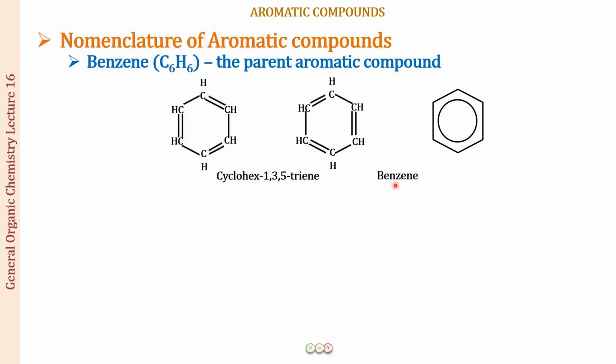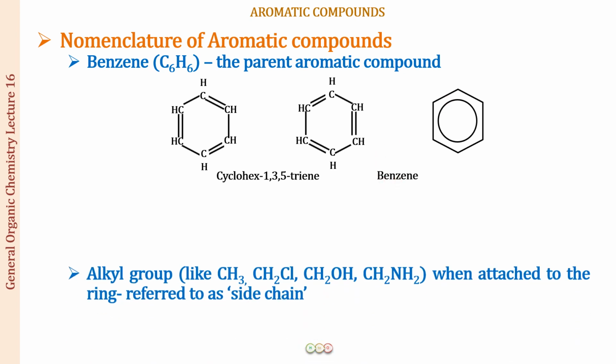But the name benzene has become so prevalent that even in the IUPAC nomenclature, rather than writing this long name, we write benzene only. Alright, so in all the compound names you will see, if the ring is present, it is benzene.